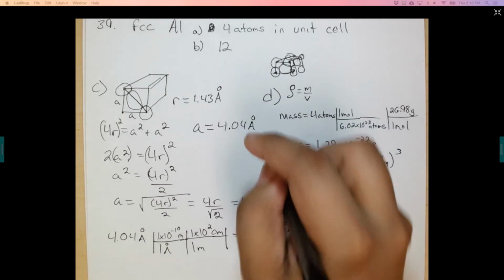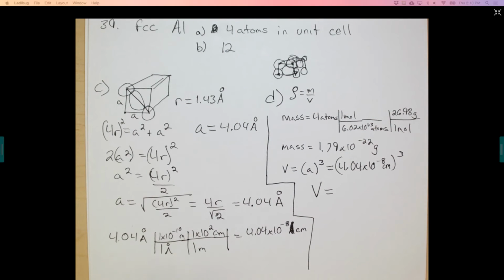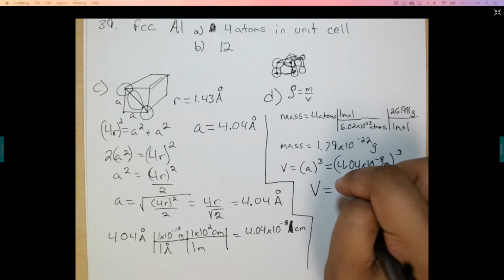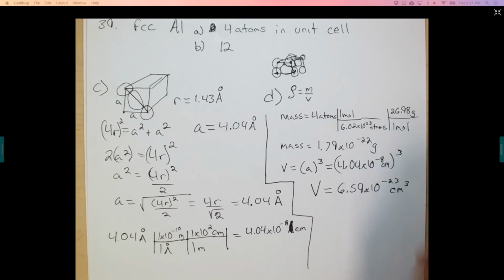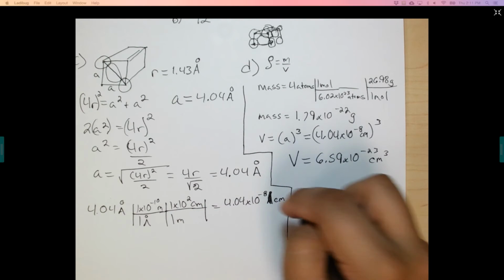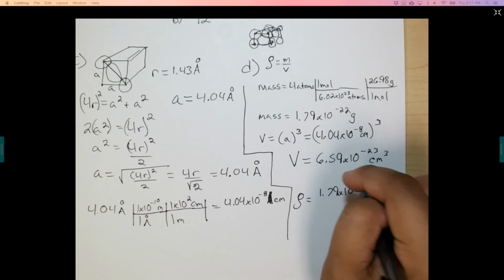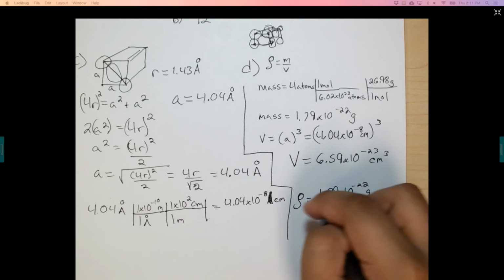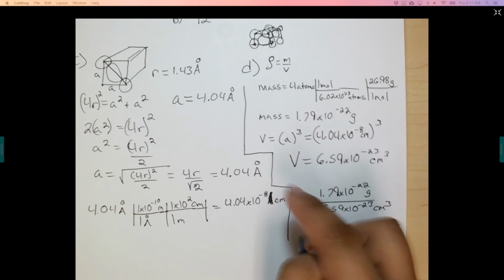The volume in this case is (4.04 times 10 to the negative 8) raised to the 3, and we're dealing with 6.59 times 10 to the negative 23 centimeters cubed. So to get density, which is what we've been asked for, density is equal to the mass, 1.79 times 10 to the negative 22 grams, all over 6.59 times 10 to the negative 23 centimeters cubed.